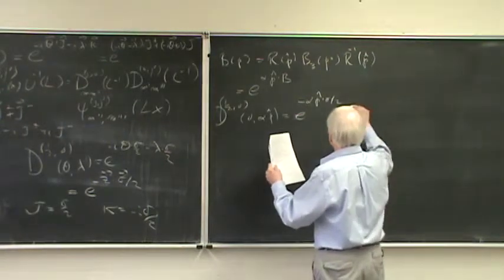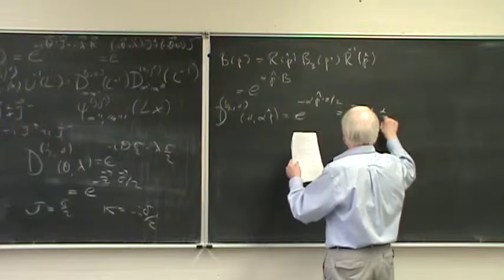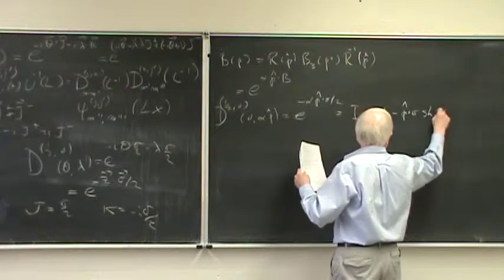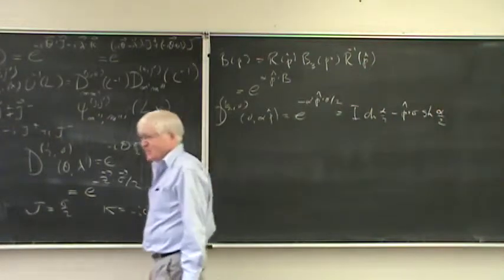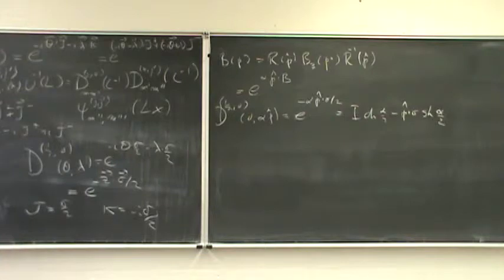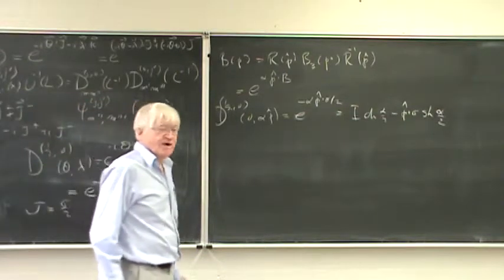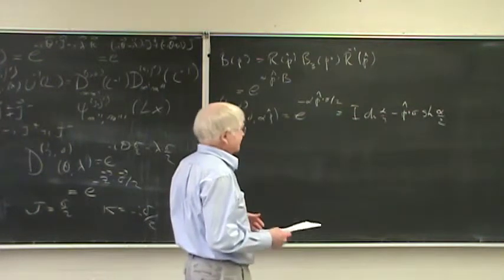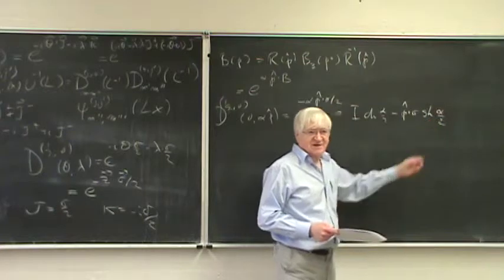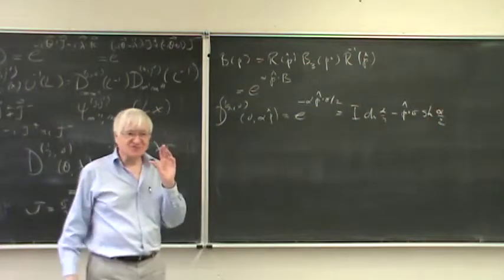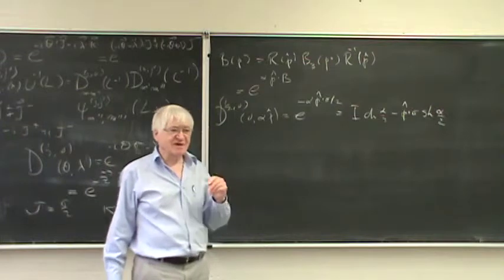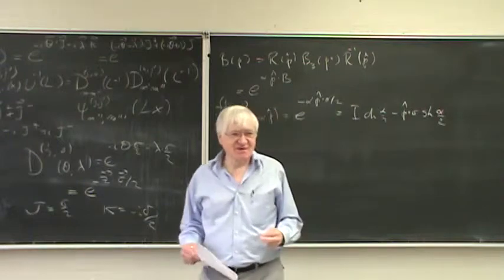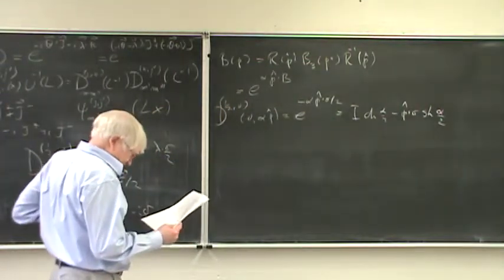And this turns out to be I cosh of alpha over 2 minus P hat dot sigma sinh of alpha over 2. I like to use the Russian abbreviations for cosh and sinh because we save writing O and S. The Russians, of course, have extra letters in their alphabet, and they have one letter for ch and another one for sh, and that's why they write it that way.